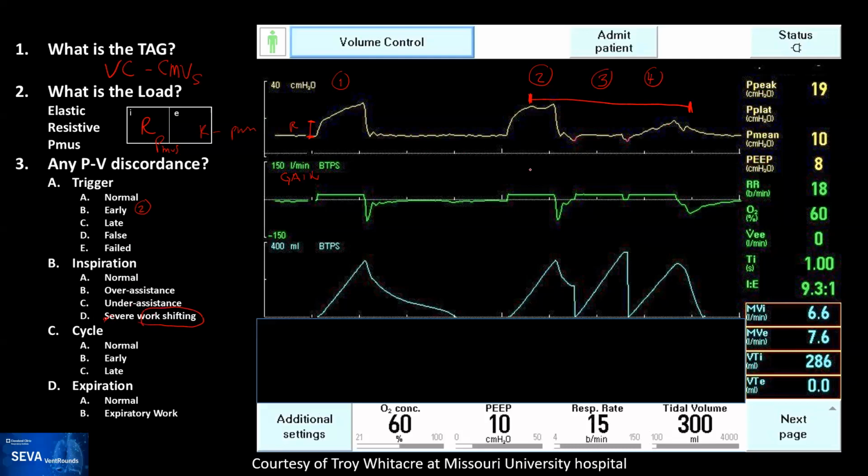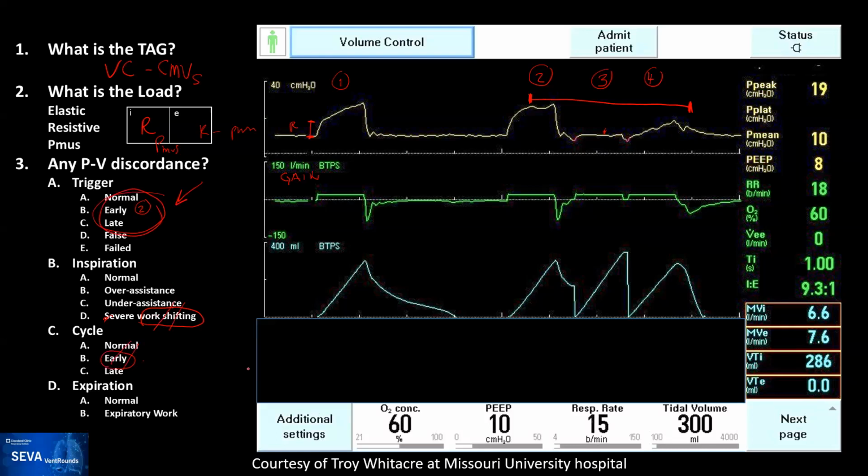There is evidence of assistance or work shifting on these breaths, but because the cause is the early trigger, the thing that you have to treat on this breath here is the early trigger. Anything that happened afterward, you will agree that there was early cycle, but that doesn't matter, because the cause is this one over here. And so the one that you have to treat is this one, and all the other ones will correct as you treat that.